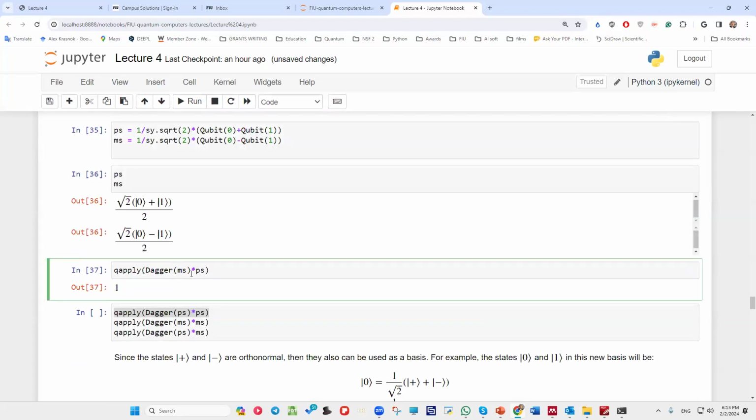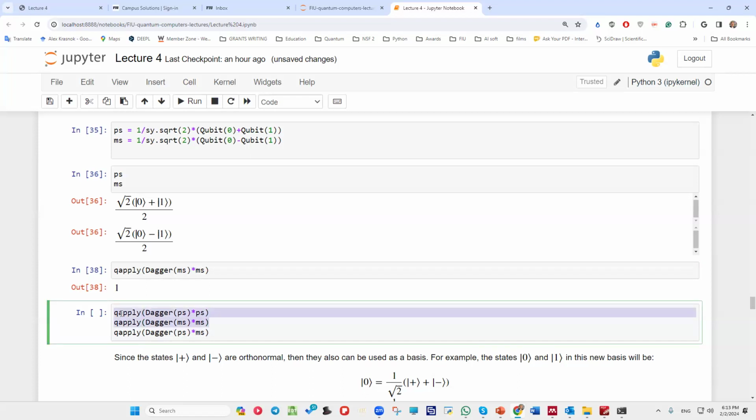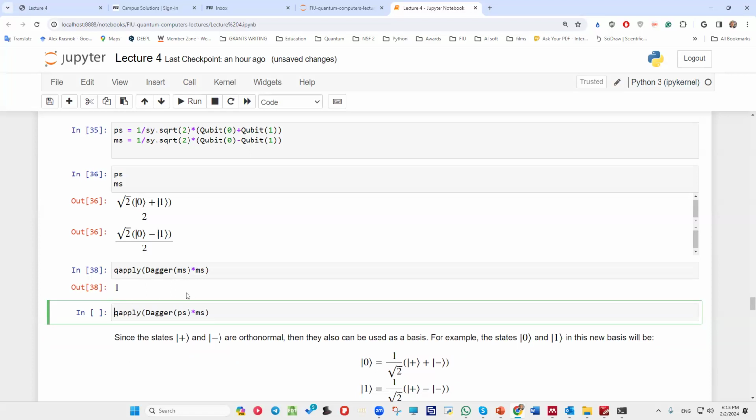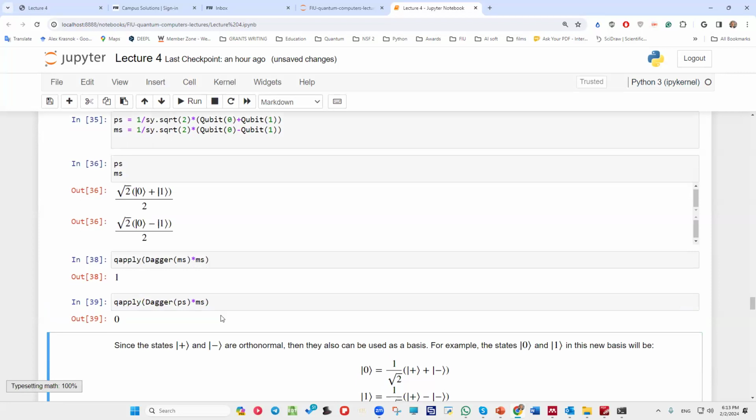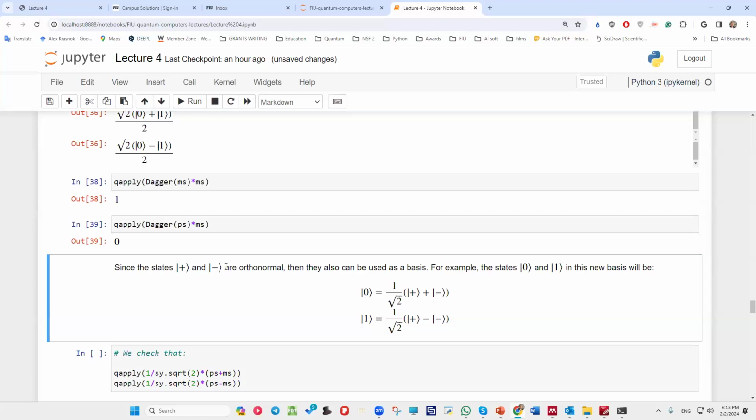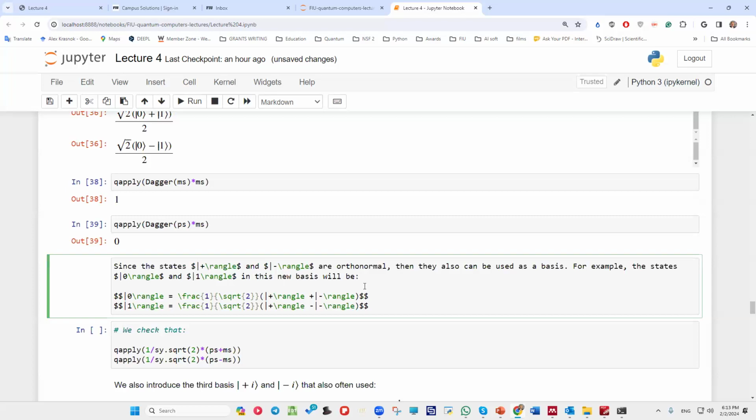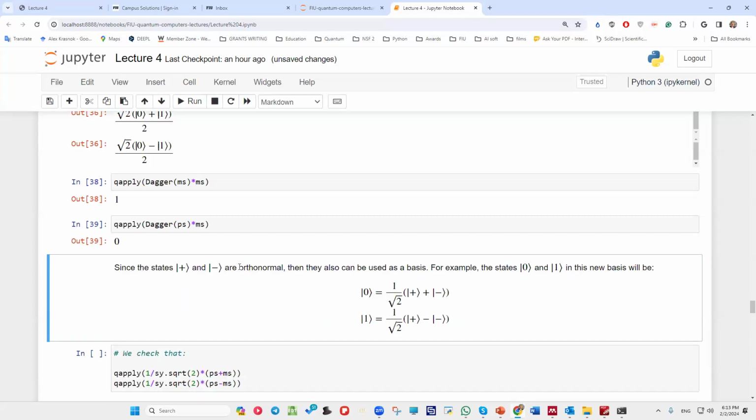But let's check for the state minus. So the minus state also returns us 1. So this state is also normalized. And finally, let us check that the two vectors are orthogonal. So the result of their inner product indeed returns us 0. So the states are orthogonal and normal. That means that the states are orthonormal.